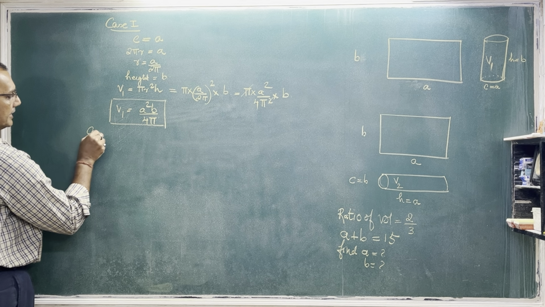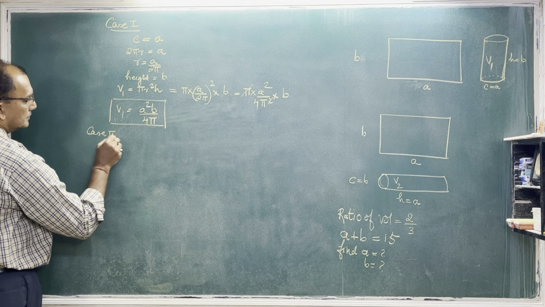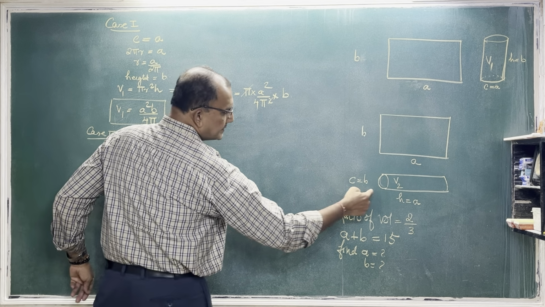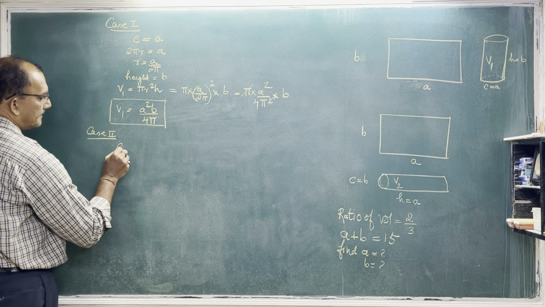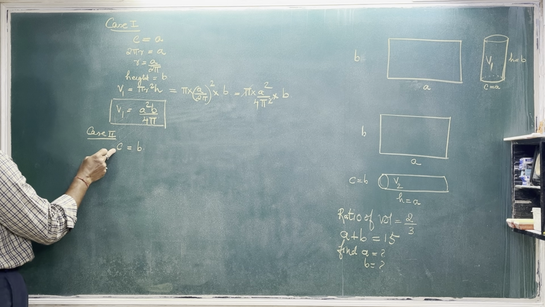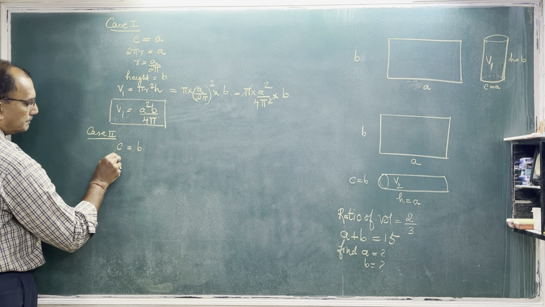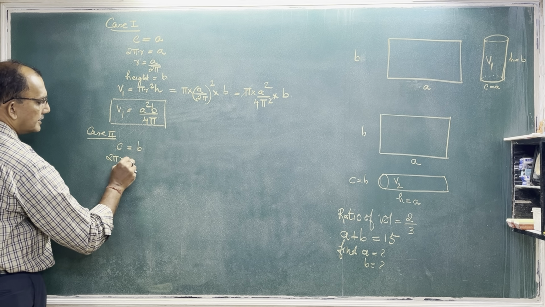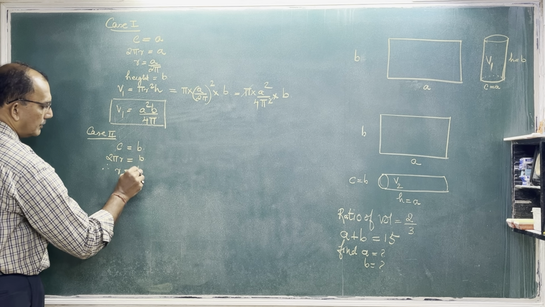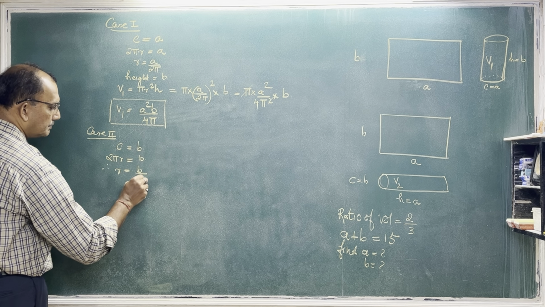Now, same way, I'll try to find case 2. In this case, the circumference of the cylinder C is equal to B. But the formula for the circumference will be 2 pi r is equal to B. Therefore, r will be equal to B upon 2 pi.